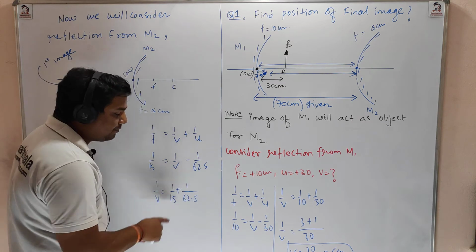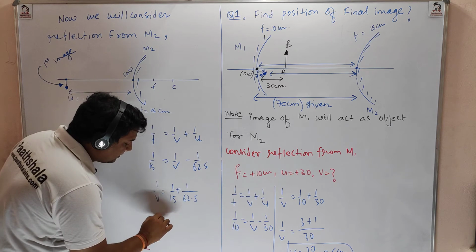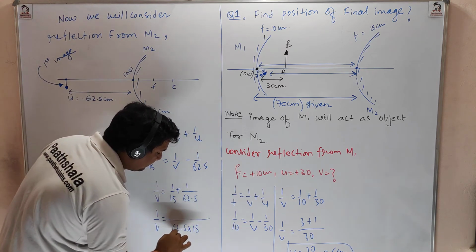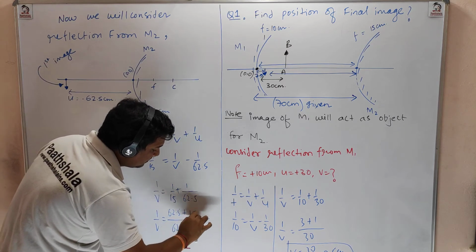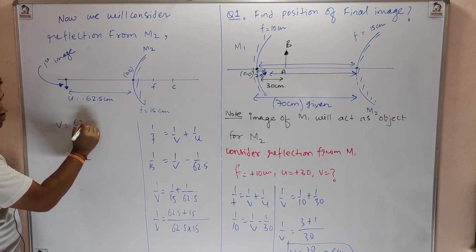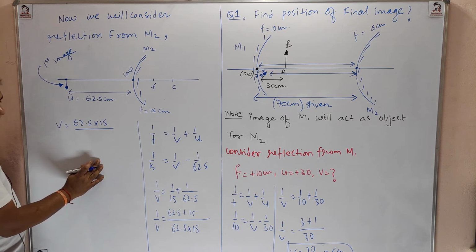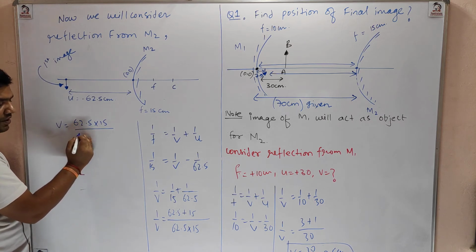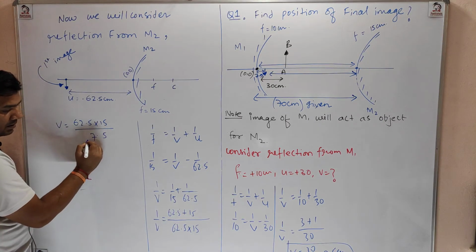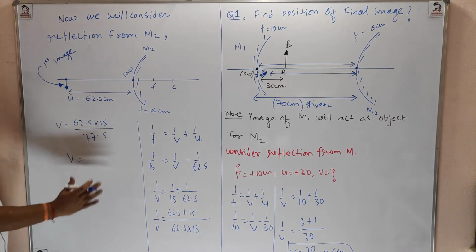Use a calculator and give me the answer, please. We'll get v as 62.5 into 15 divided by 62.5 plus 15. Can you solve this for me? This is your final answer.